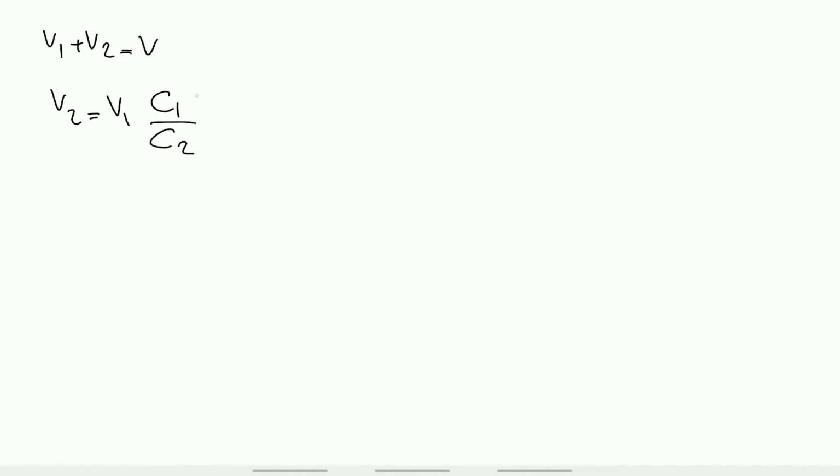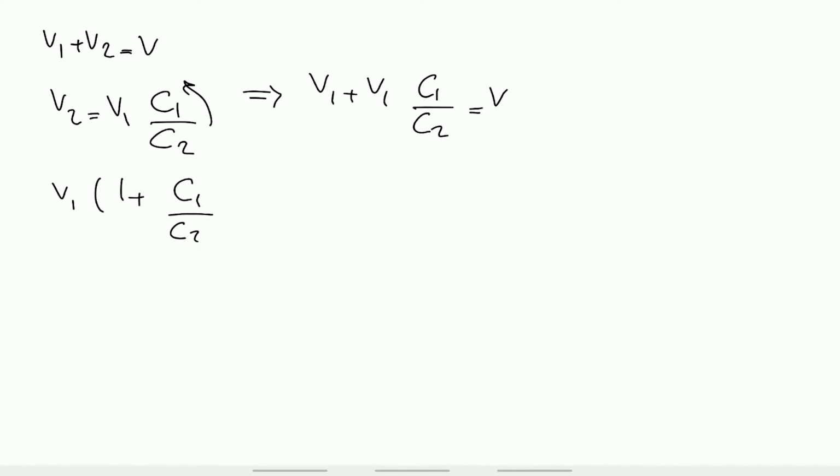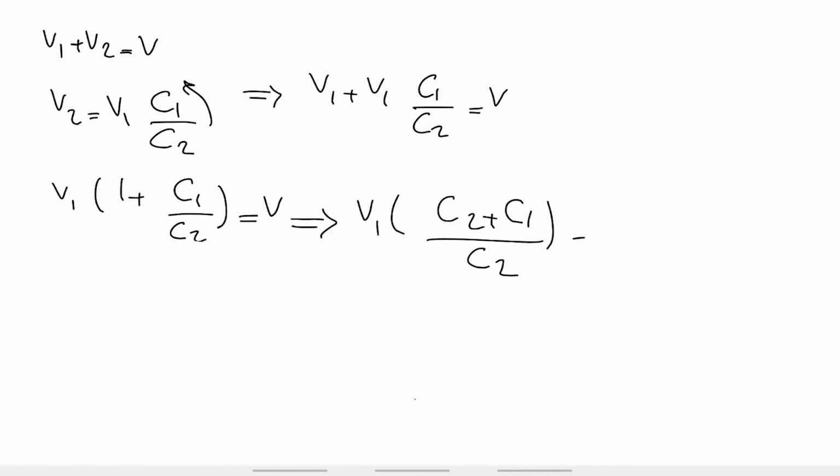So we substitute this formula into the above, and we get V1 plus V1 C1 over C2 equals V. We just factorize V1: V1 times 1 plus C1 over C2 equals V. Then V1 times C2 plus C1 over C2 equals V. Therefore, V1 equals V times C2 over C1 plus C2.